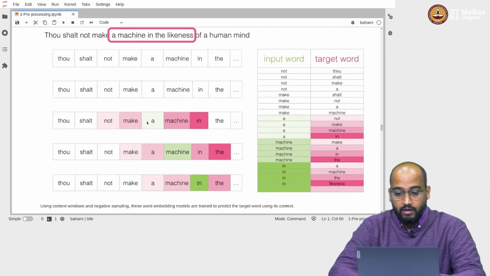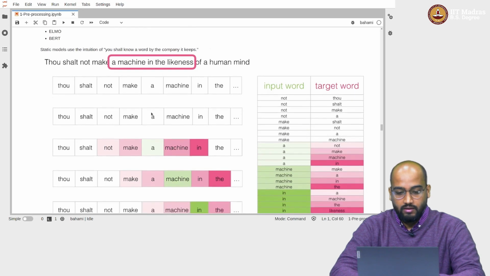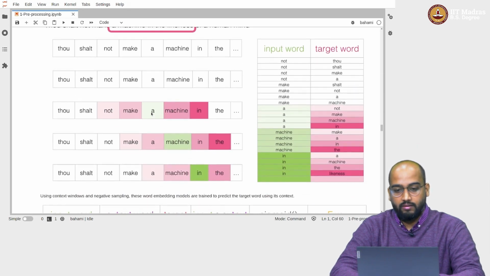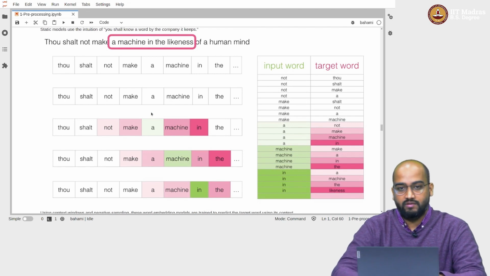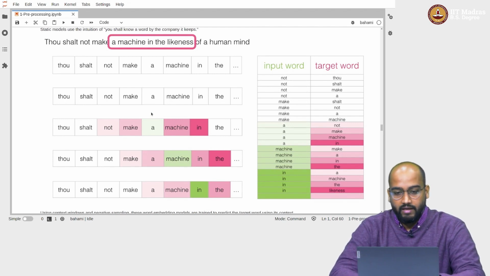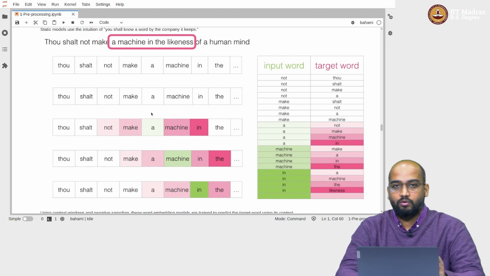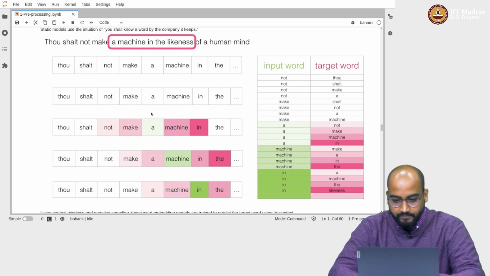So here, there's this notion in NLP called distributed semantics, right? That is where the theory of this is coming from. And there's a very famous saying by a researcher named Firth: a word is known by the company it keeps, right?